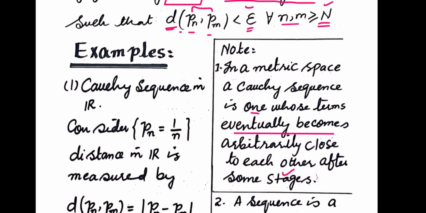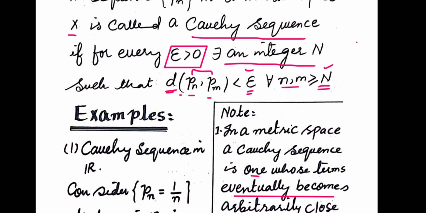After some stages means, suppose this definition does not hold for the first 100 natural numbers. When your n is 101, this definition holds. That is, the distance between two terms Pn and Pm is always less than epsilon for all m and n which are greater than or equal to 100.